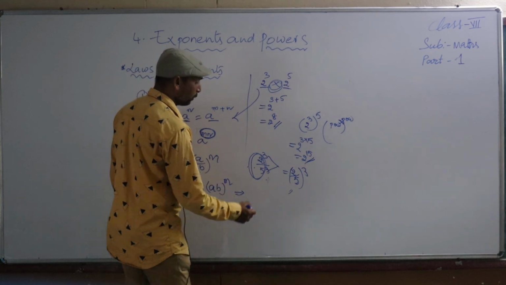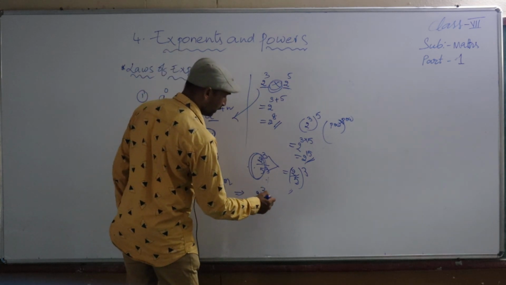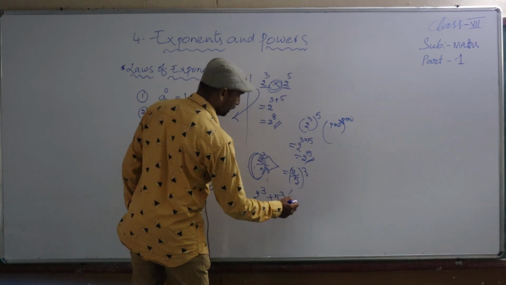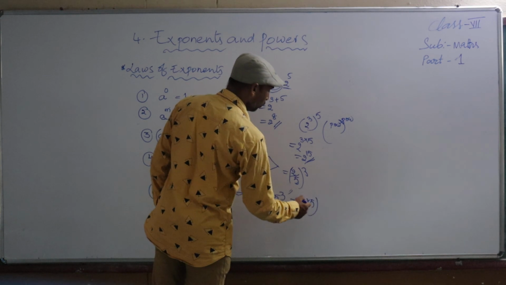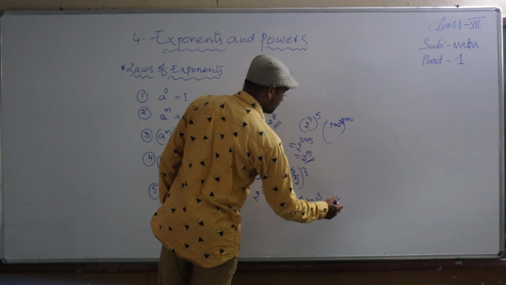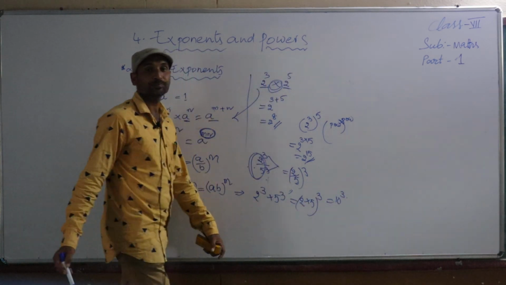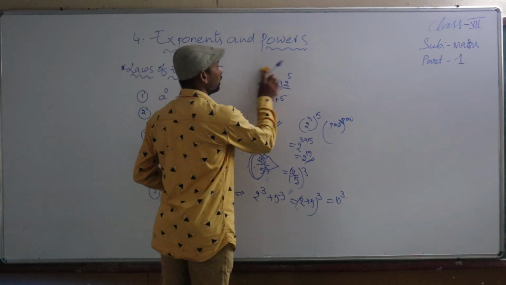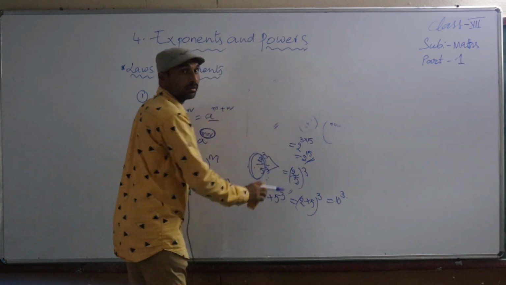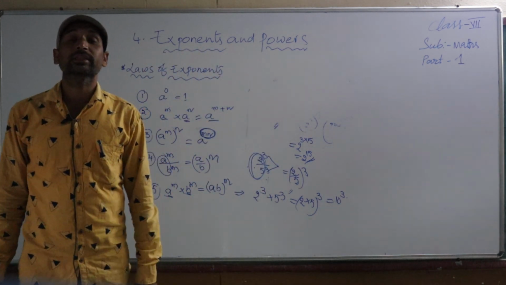One example: 2 power 3 into 5 power 3 is nothing but (2 into 5) whole power 3, which is equal to 10 power 3. The next formula will continue in the next video.